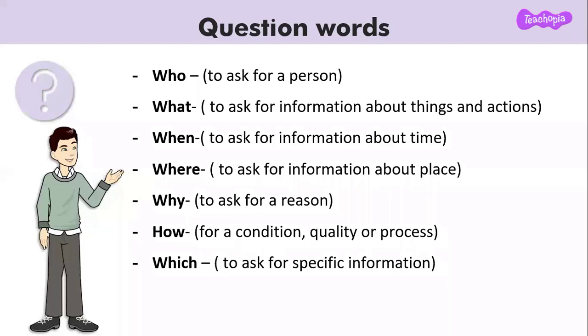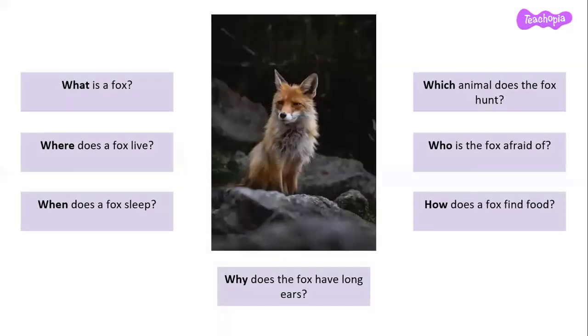So let's see this with a particular example and see how these question starters can help build questions. Suppose we are given a random topic, like that of a fox. A fox is an animal that we all know, but how do we build questions about it?